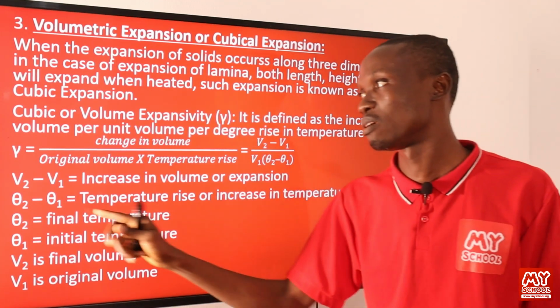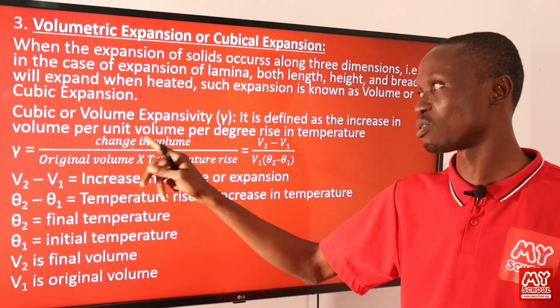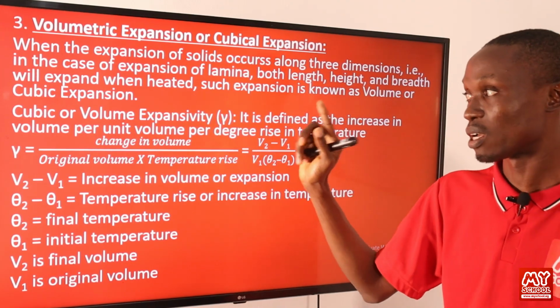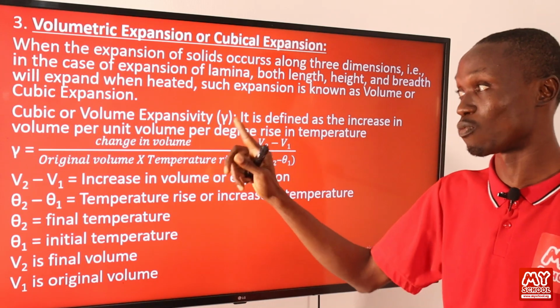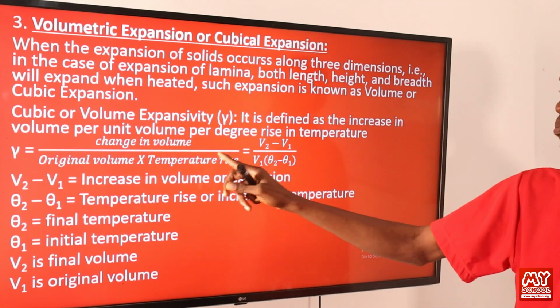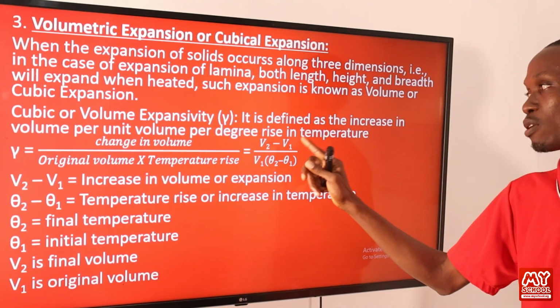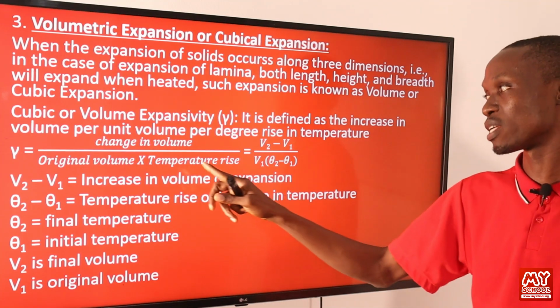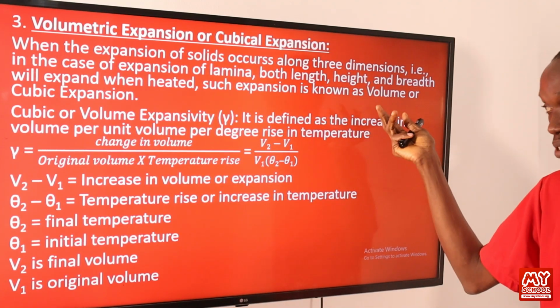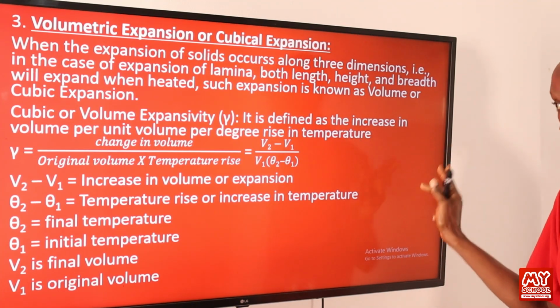So mathematically, volume or cubic expansivity is given as change in volume, which is the same as increase in volume, over original volume times temperature rise. Change in volume is V2 minus V1, over V1 times the temperature rise, which, just as we have seen earlier, is theta 2 minus theta 1.